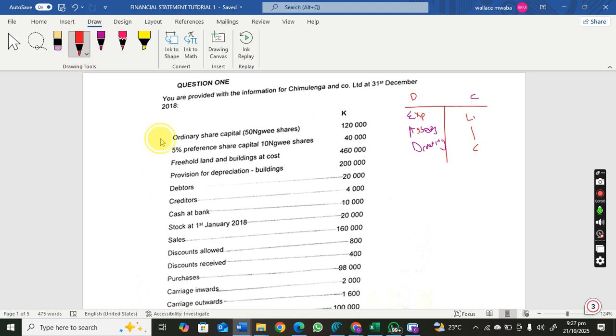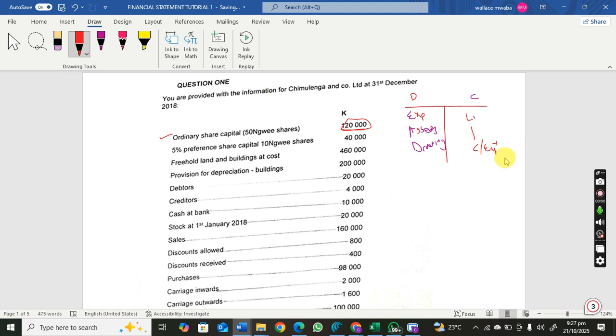First, we've got ordinary share capital, 15 Ngwe shares, 120,000. What this is telling us, colleagues, ordinary share capital, is the money that has been raised from selling shares. So this is your equity.